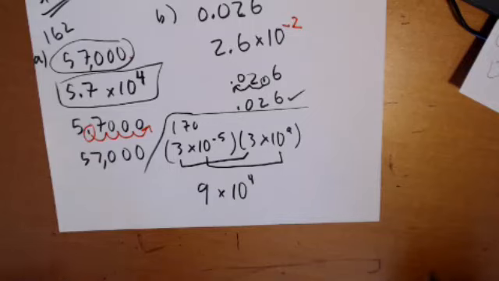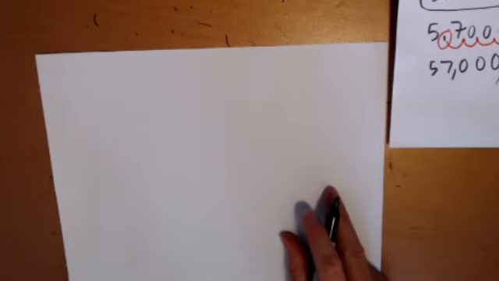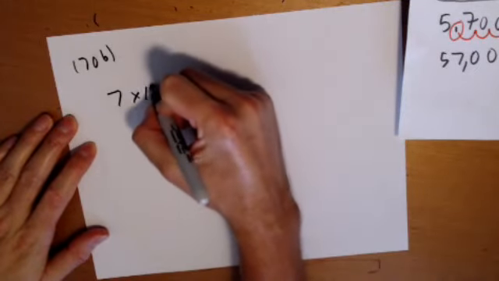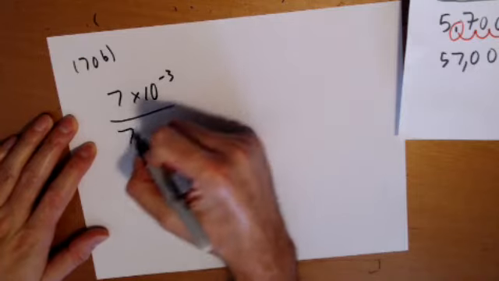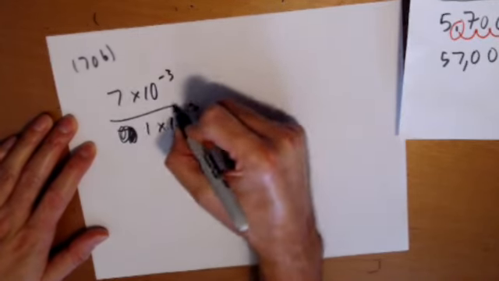Let's try the next one. That was 170a. So let's try 170b. 7 times 10 to the -3rd all over 1 times 10 to the -7.